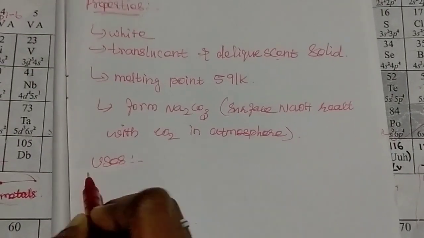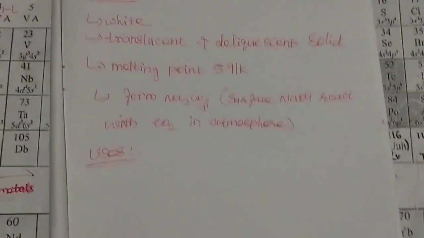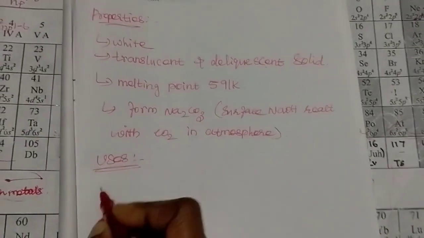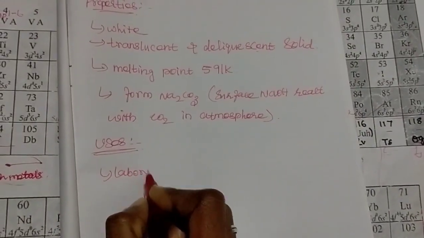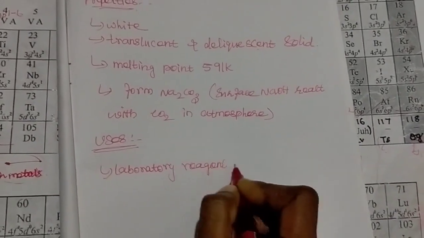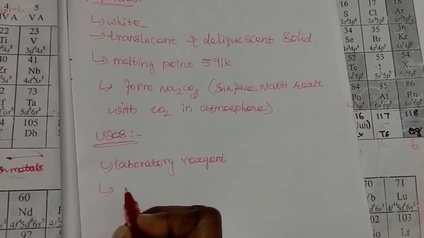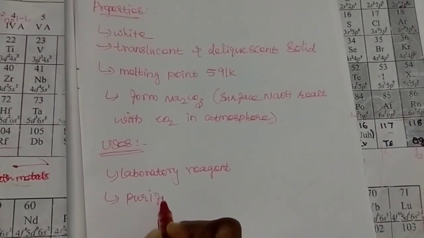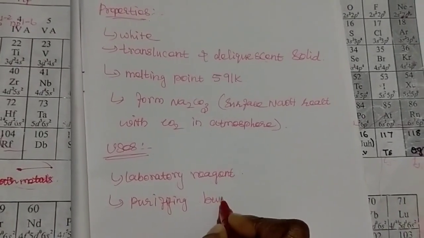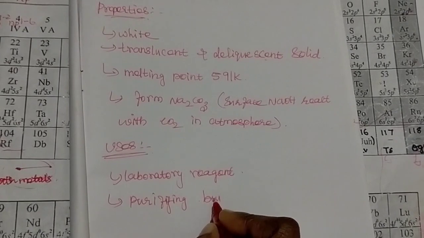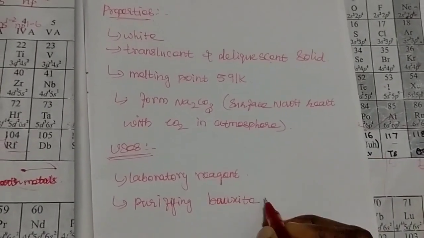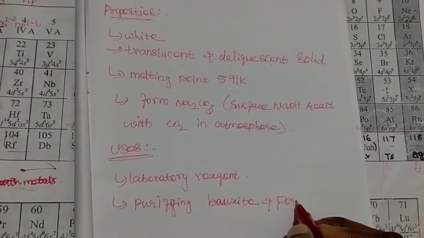Uses of sodium hydroxide. Sodium hydroxide is generally used as a laboratory reagent. It is also used for purifying bauxite and in petroleum refining.